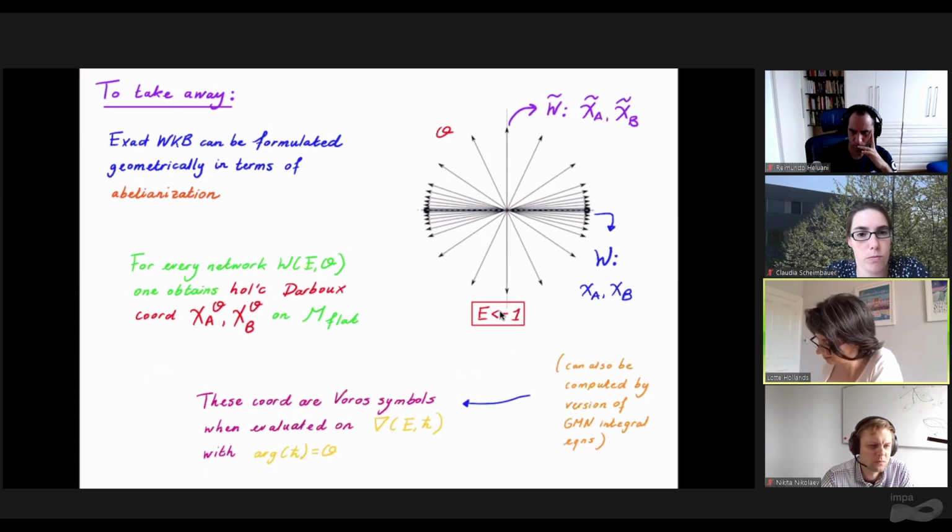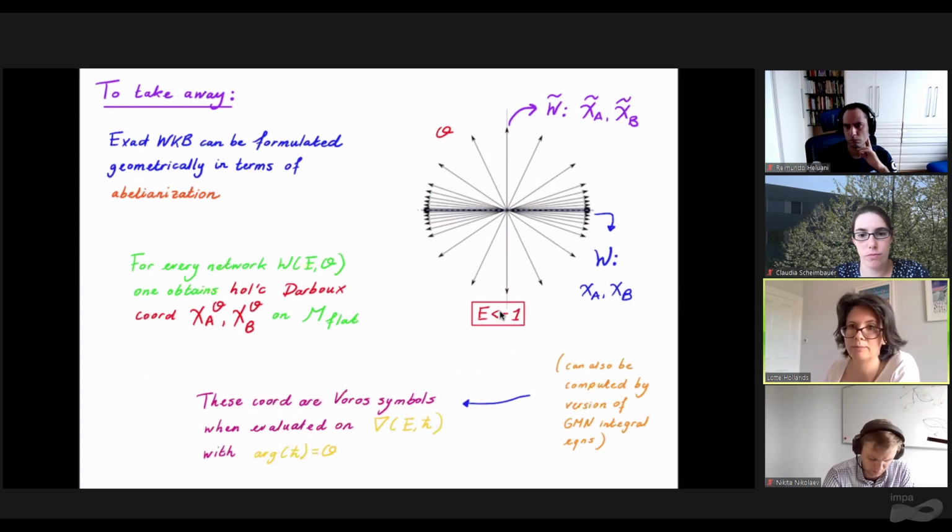Right, so let me say a little bit about this diagram on the right. I showed you two spectral networks, W and W tilde, and I showed that one appeared on the negative real axis and one on the positive real axis.